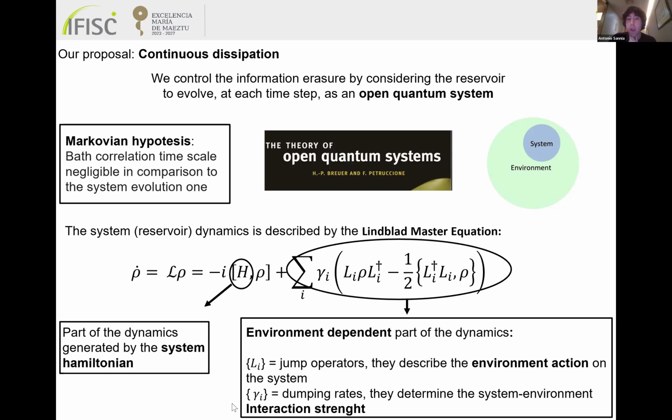We have these jump operators that describe how the environment is acting on the system. And then we have these damping rates, which we can think of as a measure of how strongly the environment is acting on the system in comparison to its Hamiltonian evolution. And we will use these terms to tune the information ratios.